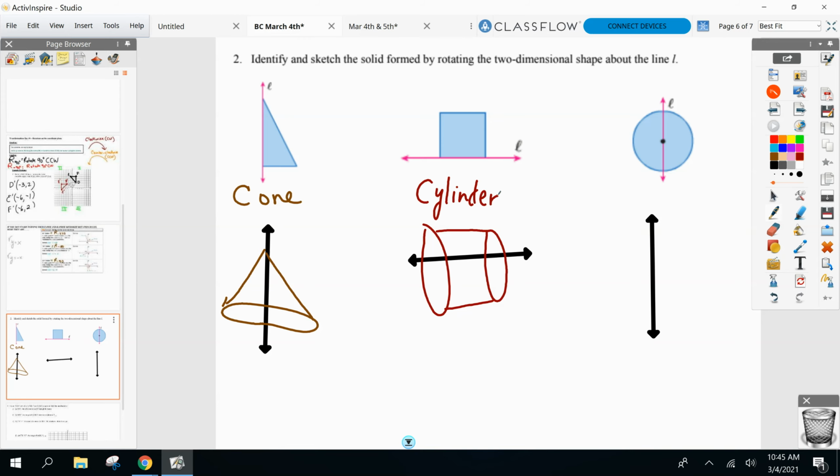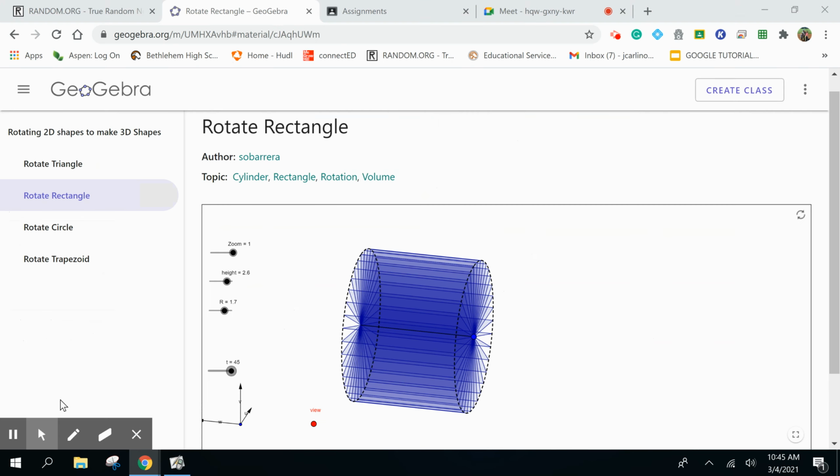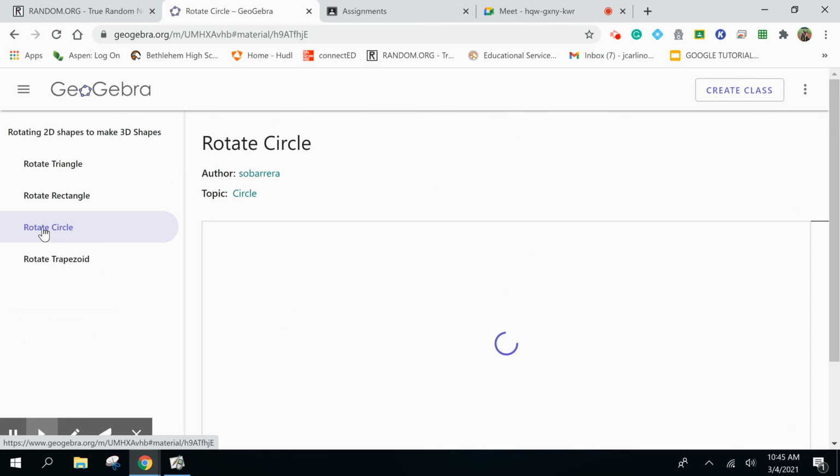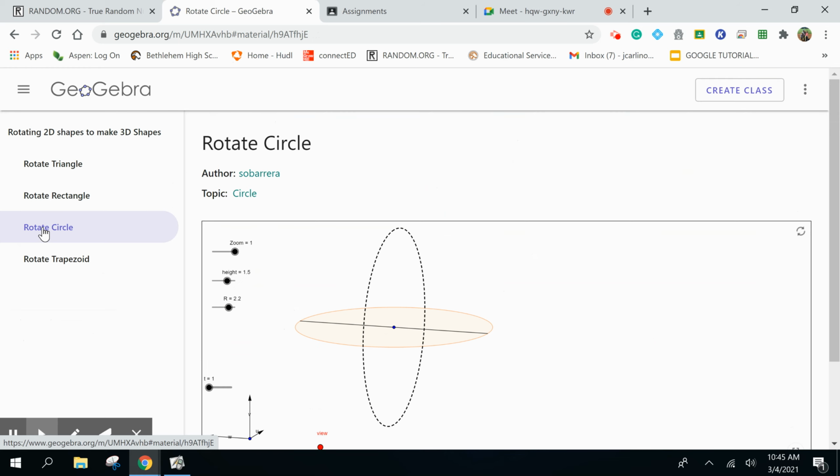What about that circle? Oh, is that what, a ball? If you don't know the official word for it. All right, here you go. There it is. Ready to go? This circle here, the one that's shaded in.